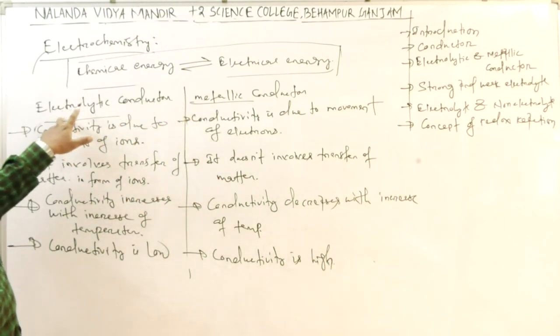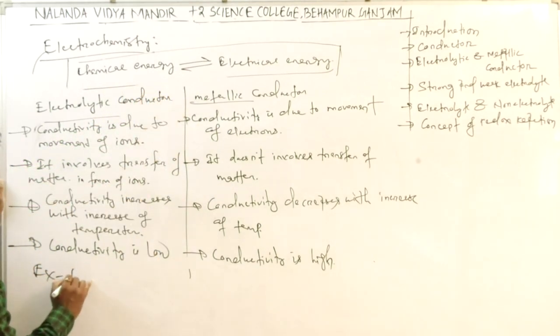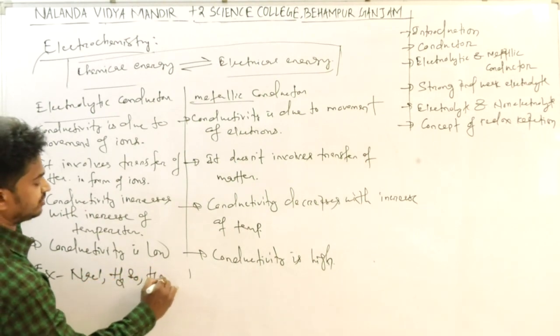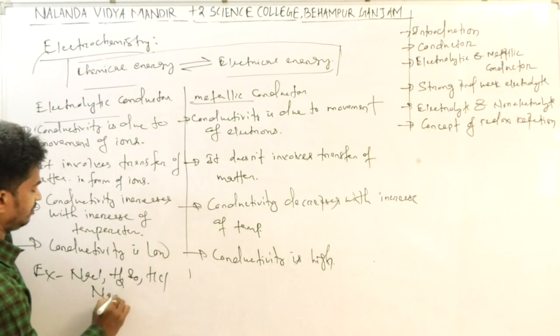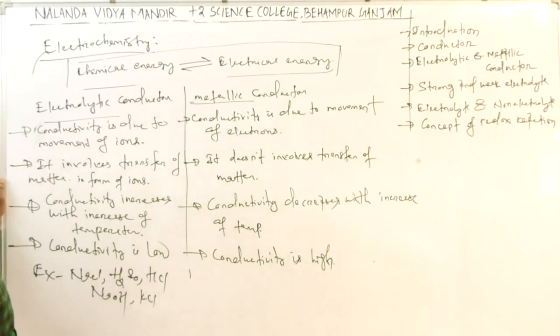The first one, electrolytic conductor. See, here examples we can take: NaCl, H2SO4, hydrochloric acid, NaOH, KCl, potassium chloride. So these are the electrolytes.